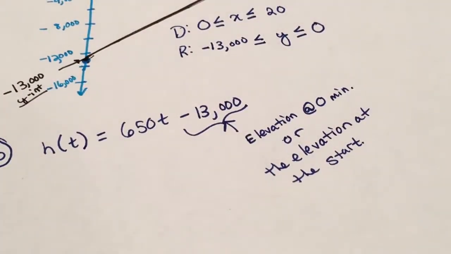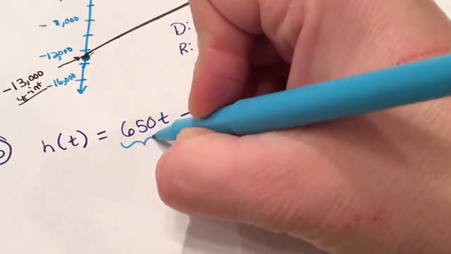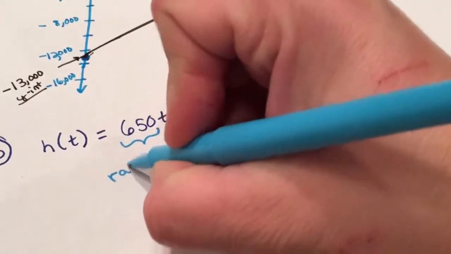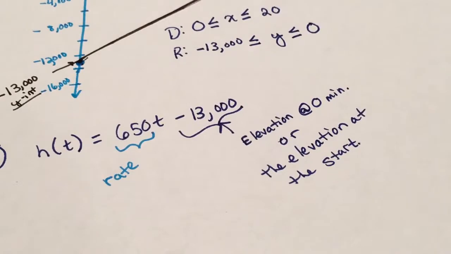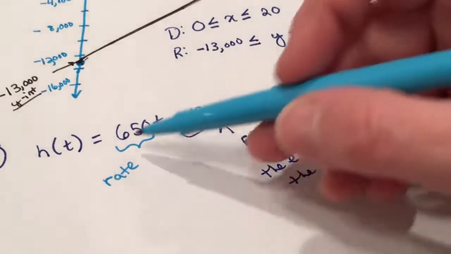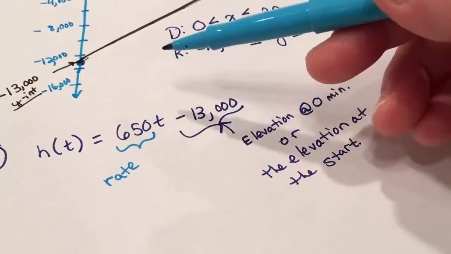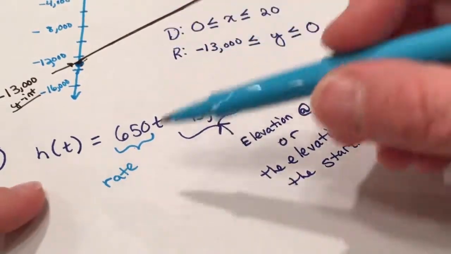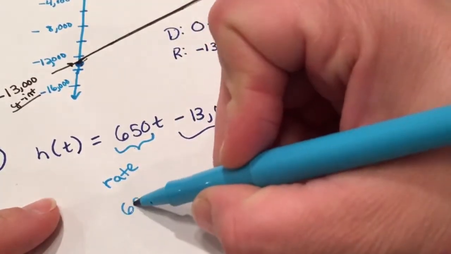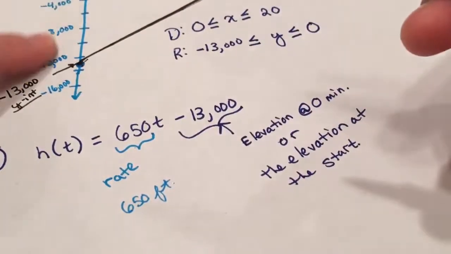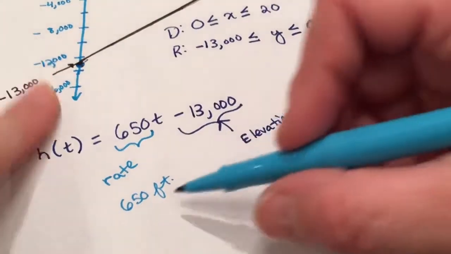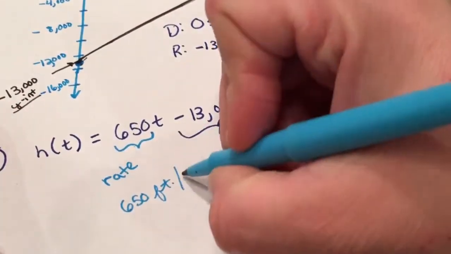The slope, on the other hand, represents the rate, the rate of the ascent. So basically, this is going up at a rate of 650 feet, which is represented by my y-axis, per minute.